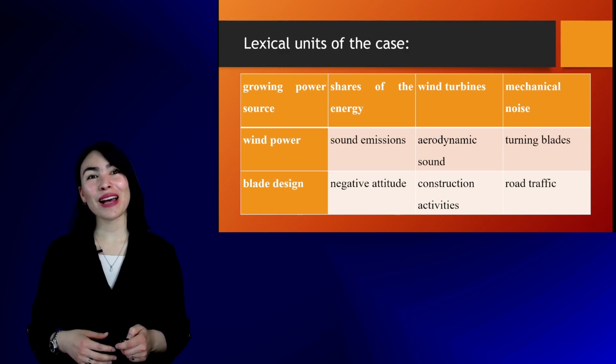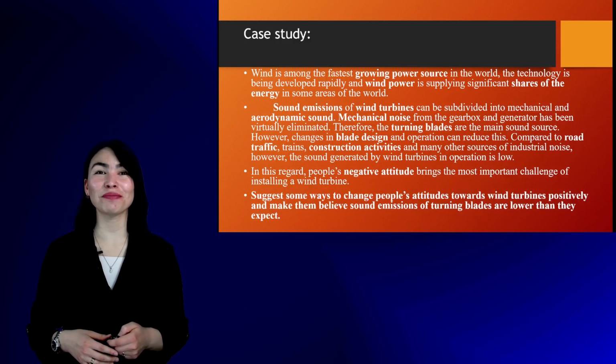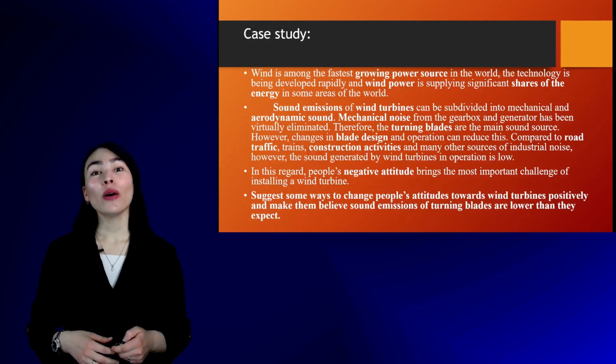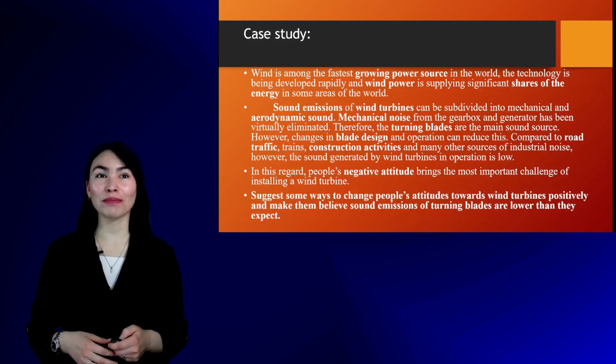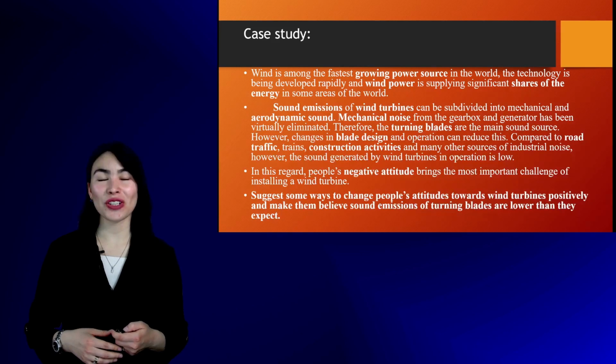Let's move to our case study. This is about wind energy and the problems connected with wind power. Wind is among the fastest growing power sources in the world. Technology is being developed rapidly, and wind power is supplying significant shares of energy in some areas of the world.